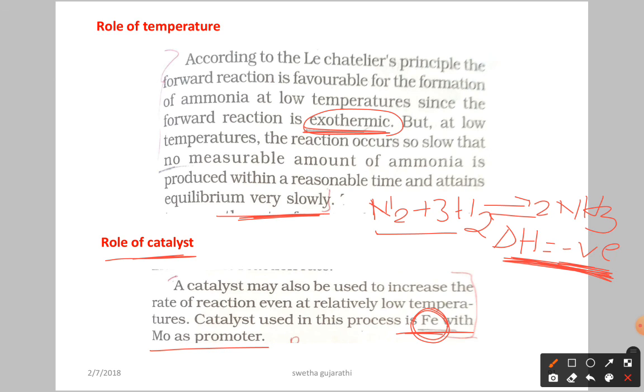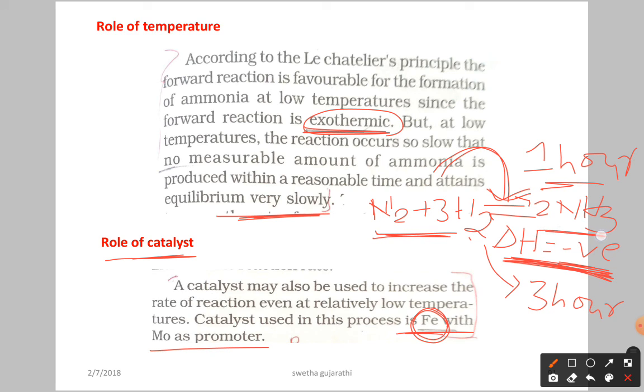For example, for the preparation of ammonia with this equation, suppose I need 3 hours. If you add a catalyst, the reaction time may decrease to 1 hour. It just increases the rate of reaction, but it does not affect the equilibrium.